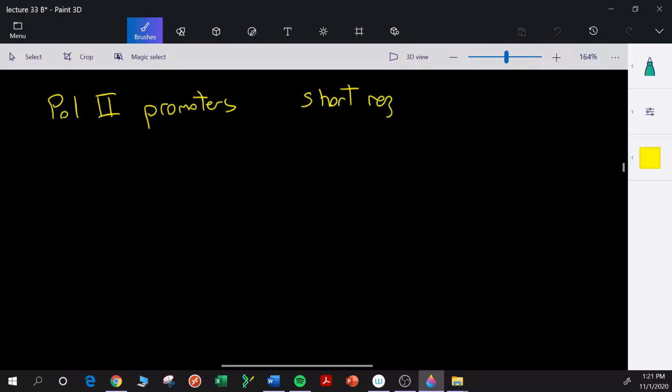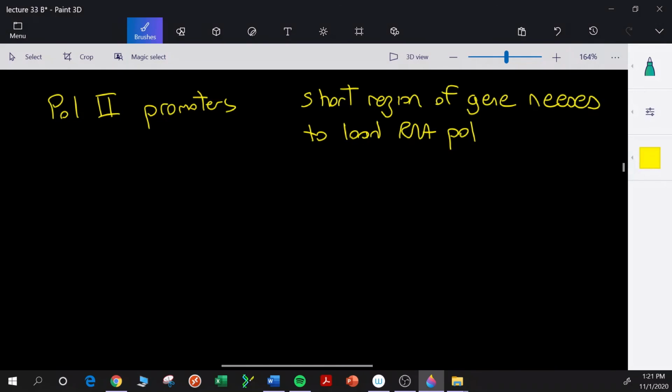This definition works for pol 1, pol 2, and pol 3, so I won't specify the polymerase here.